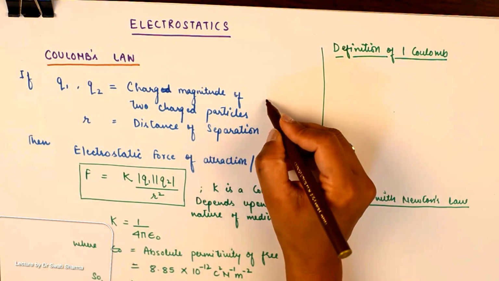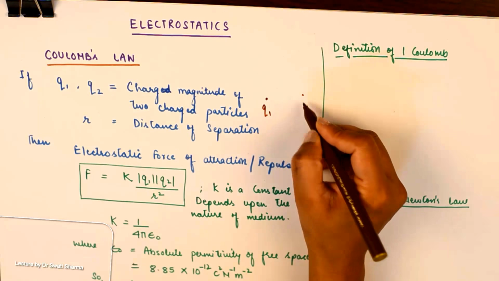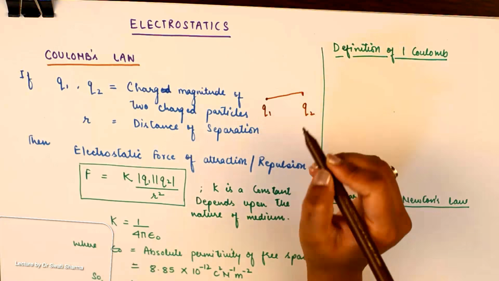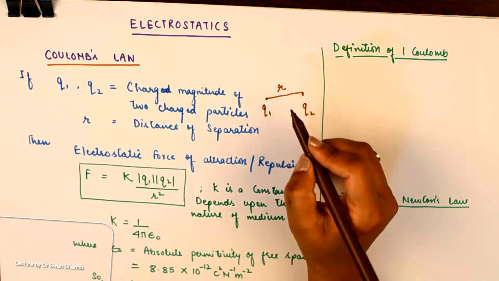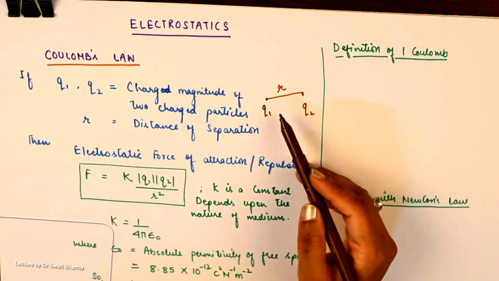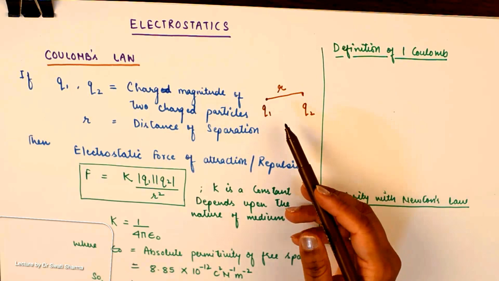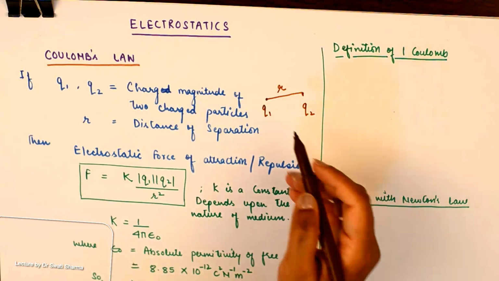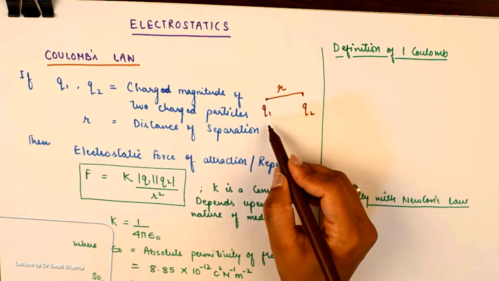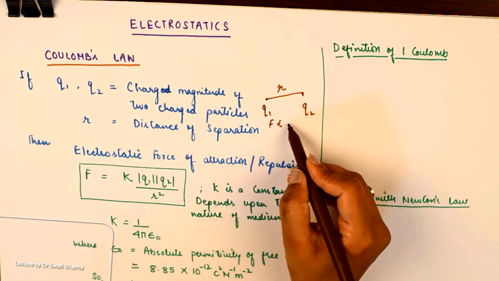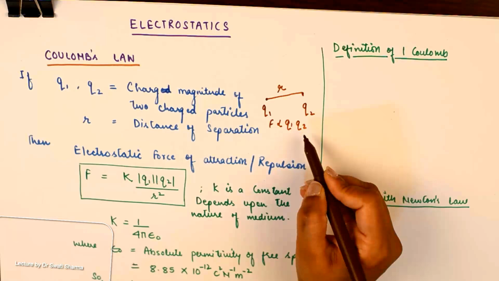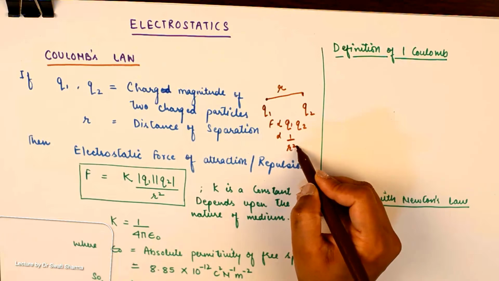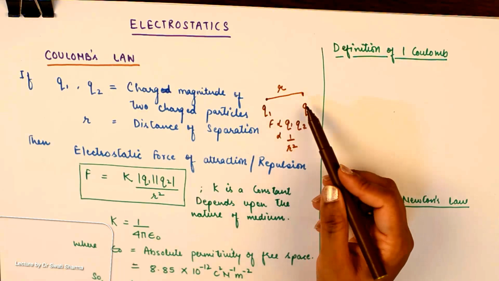If I have a charge Q1 and a charge Q2 separated by a distance r, then these two charges have an interaction in the form of electrostatic forces. This electrostatic force is directly proportional to the product of the charges Q1 and Q2, and inversely proportional to the square of the distance between them.